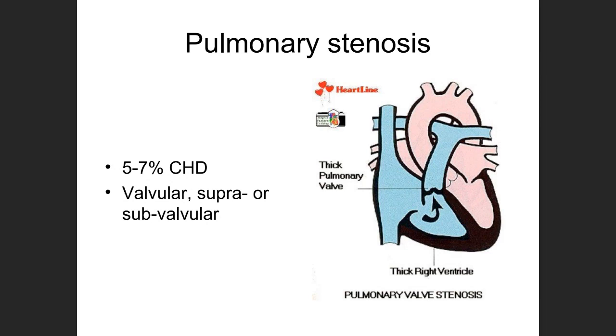So if you have a right ventricle with high pressures and high volume, you will get a flow from right atrium to left atrium. So what is going to happen to the arterial saturation?